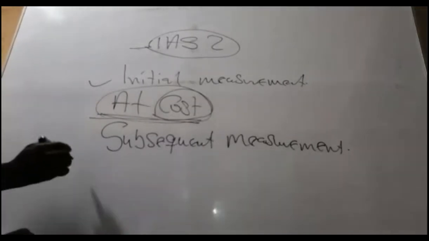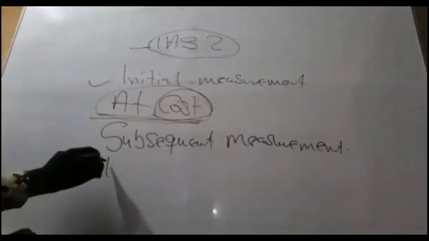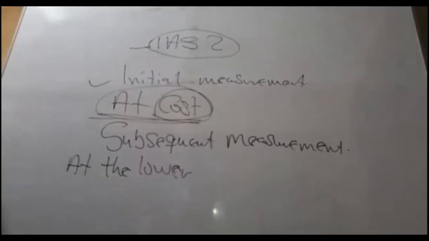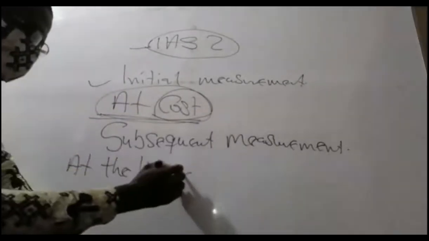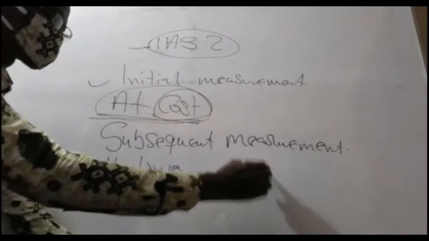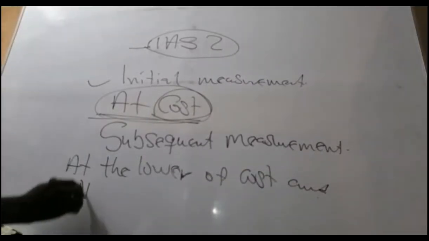Measured at the lower of two values: compare two items and select the least among them. The lower of cost and net realizable value.